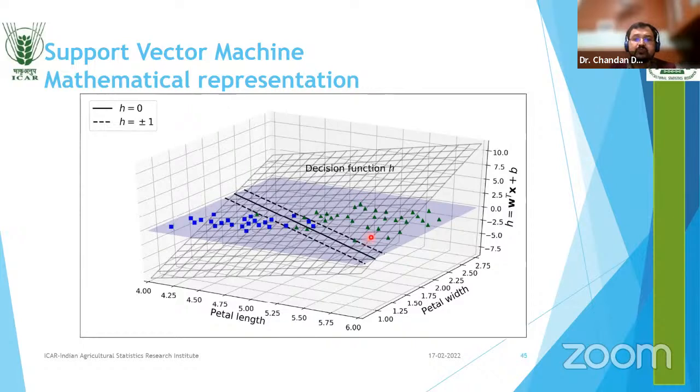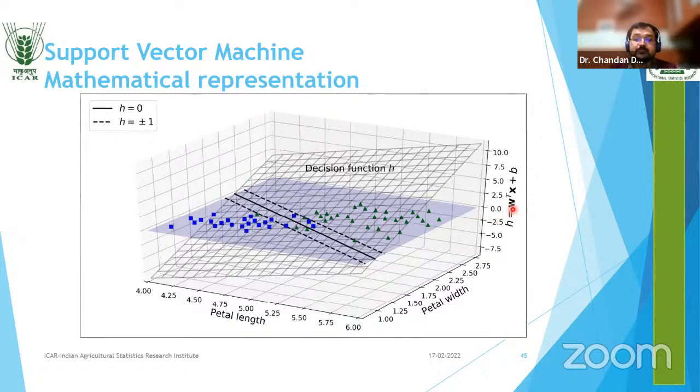And how is the decision boundary identified? This is the function. Basically, H is the function, and this is WTX plus B. Actually, this is the kernel function which has the capability to segregate these two types of objects here.